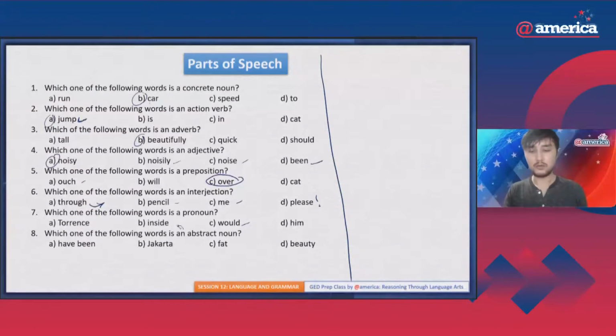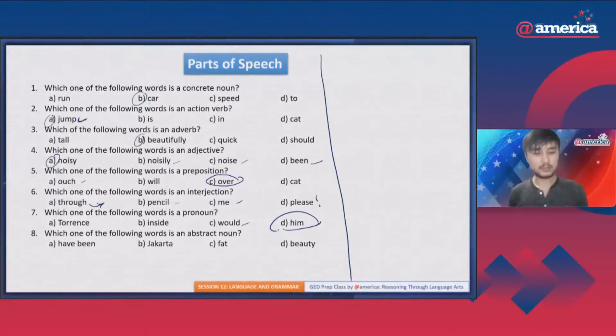Would, I told you that it's an auxiliary verb or helping verb, and him is the only one that you can use to replace a noun. So yes, as you said, him. Option D is the correct one.